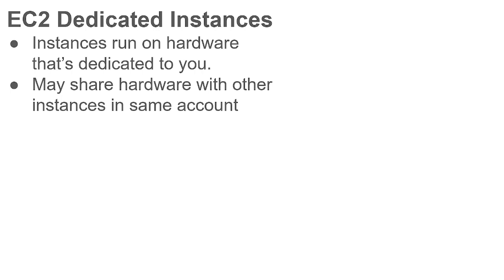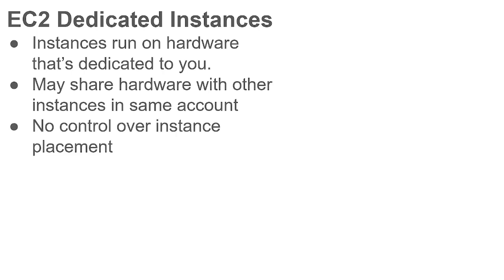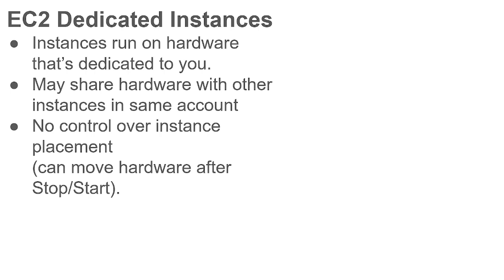In your account, you will be using it, but you cannot share your hardware with another account, any other account that is not yours. There is no control over instance placement. If you stop or start, it can move hardware after the stop or start.